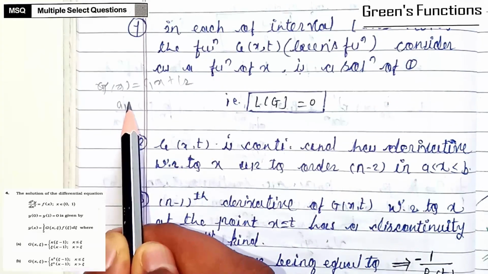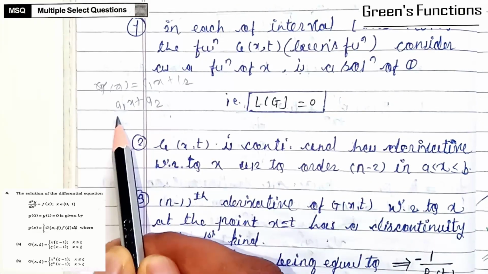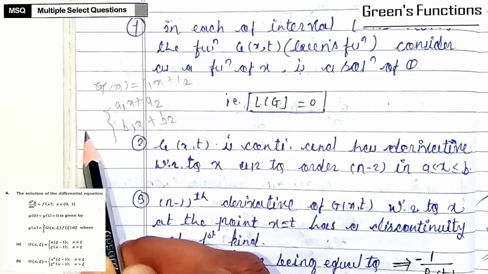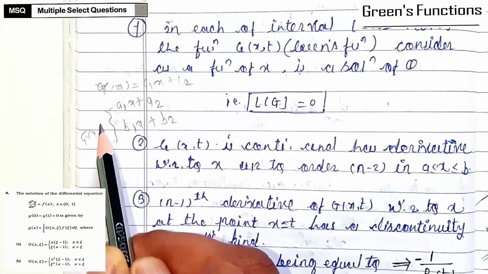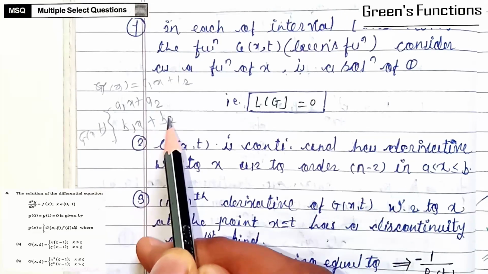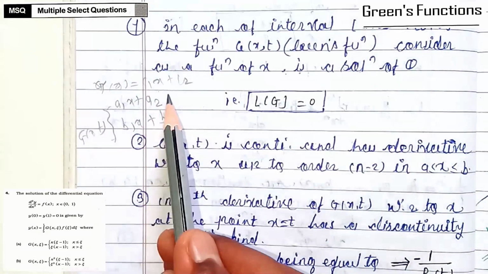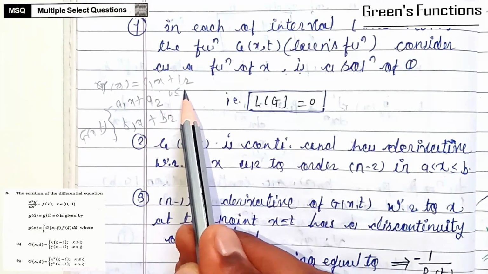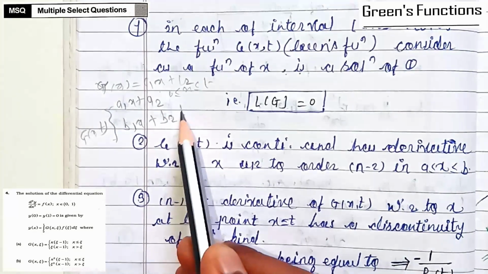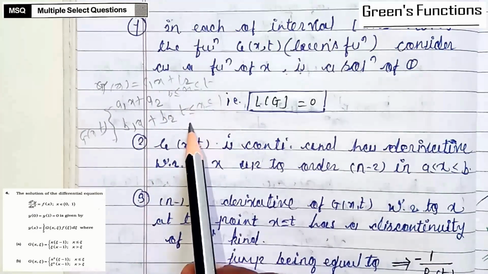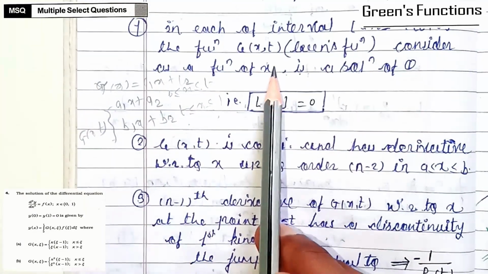That is a1x plus a2 and b1x plus b2. So I considered Green's function g of x, t as a1x plus a2 and b1x plus b2, with the intervals 0 to t and t to 1. Since the limit is 0 to 1, that's why I converted it to 0 to t and t to 1. So this is our first condition.